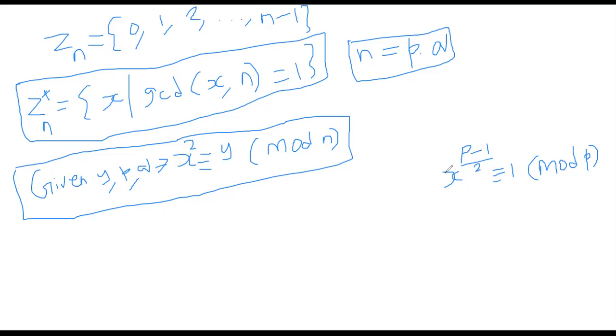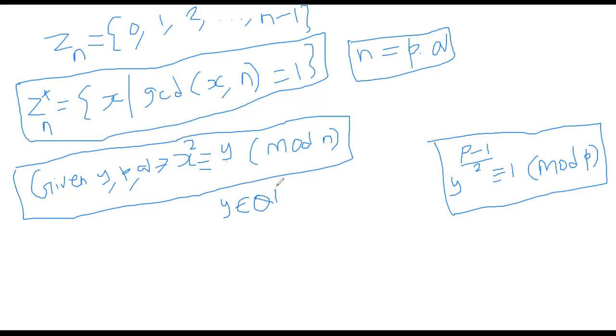To be consistent with the notation, let me clear this to avoid any confusion. So y is a quadratic residue if this condition is satisfied. Here y is a quadratic residue because y is congruent to x square. Just to be clear, we call y a quadratic residue because we find an x such that x square is congruent to y mod n.